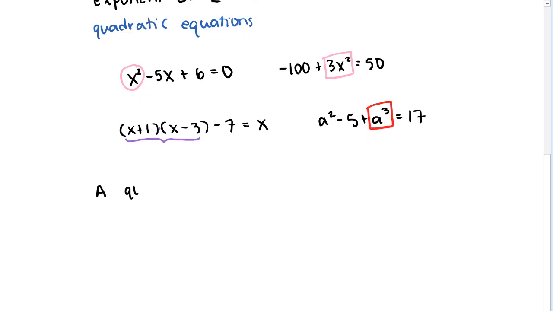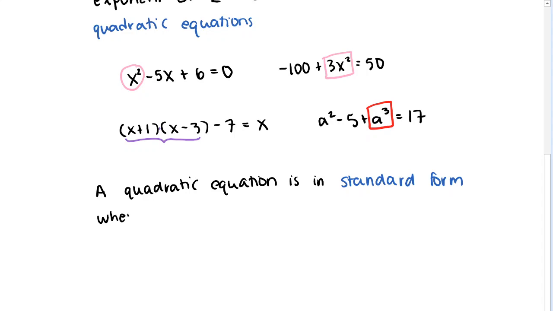So a quadratic equation is in standard form when it's written in the form a times x squared plus b times x plus c is equal to 0.